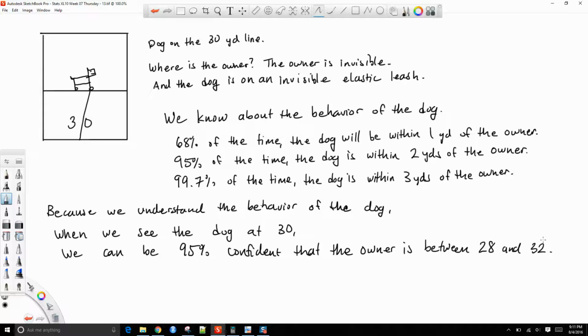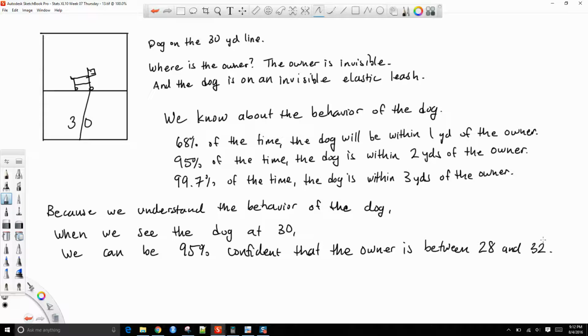We can be 95% confident that the owner is between 28 and 32, okay? And if I want to be more confident, someone says, oh, you're only 95% confident, I want you to be more confident about your answer, like I'm going to throw a net to try to capture this invisible owner, okay? Then we can have a greater level of confidence, but we just have to cast a bigger net, right? We would have to go from 27 to 33. But when we do that, we'll be 99% confident or 99.7% confident, okay?